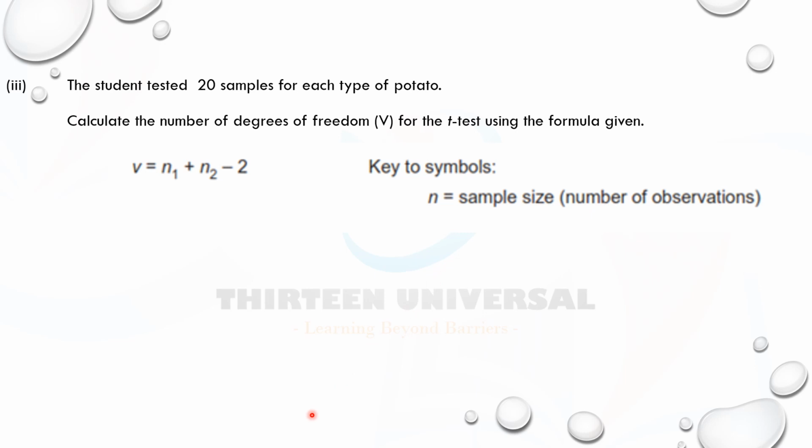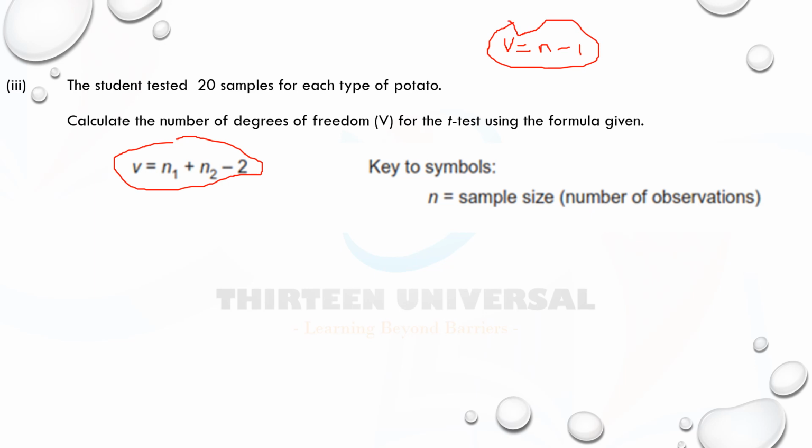Remember, if you are dealing with chi-squared, the formula changes. For chi-squared, it's going to be n minus 1. But this is for the t-test. So they all have degrees of freedom.